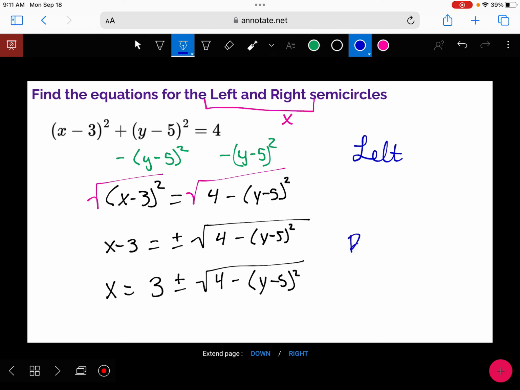We want the equations for the left and right semicircles. So which one's going to be left? The negative. So x equals 3 minus the square root of that hot mess.